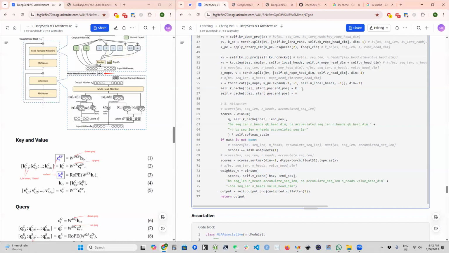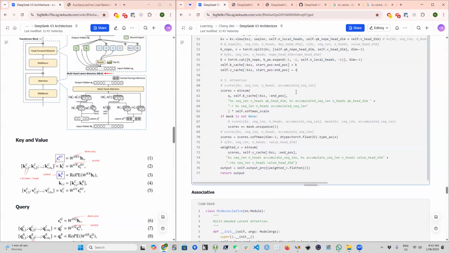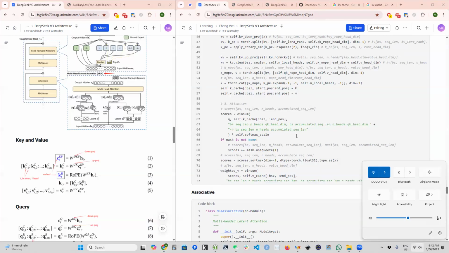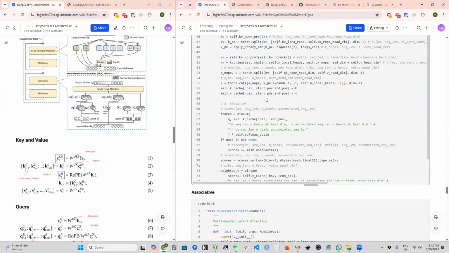As we showed before in the KV cache, we add the current one into the previous cache one by one. Right, makes sense. Now, when we apply rope, the part that does not go through the LoRa compression, is that dimension the same as what comes out of the multi-head from the K, which gets concatenated together?